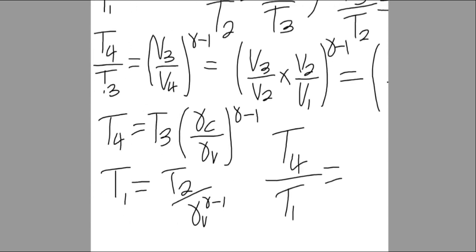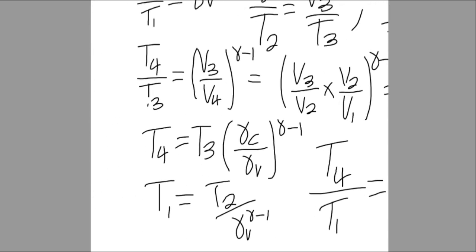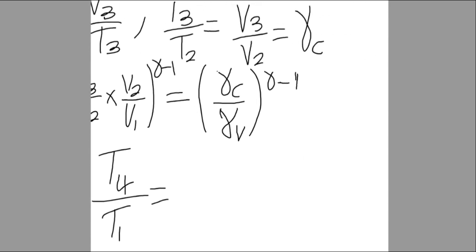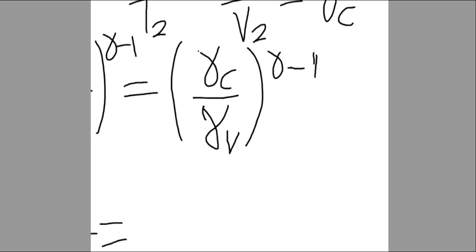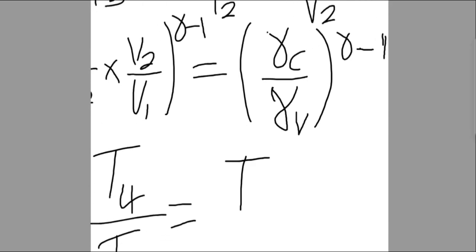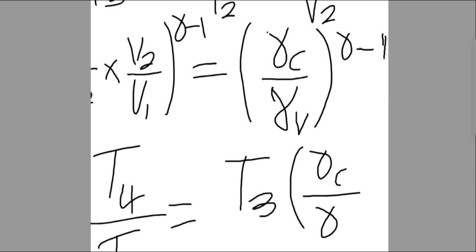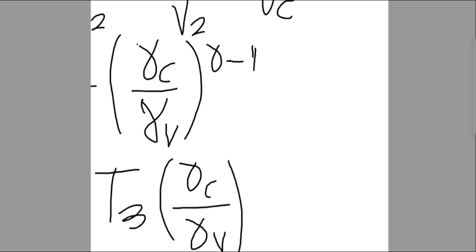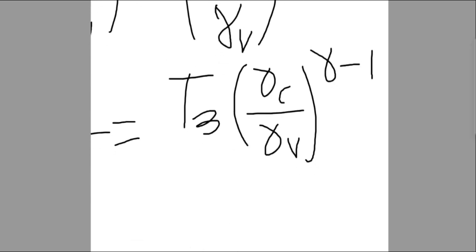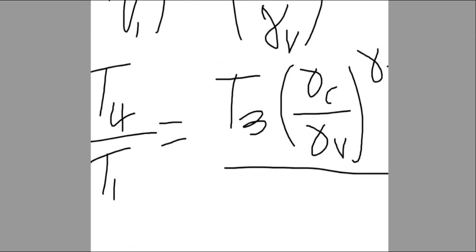What is our value for T4? Our value for T4 is T3 into brackets cutoff ratio over compression ratio, all raised to power gamma minus 1, divided by that is T4 over T1.